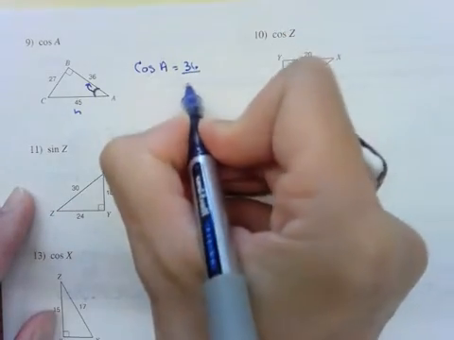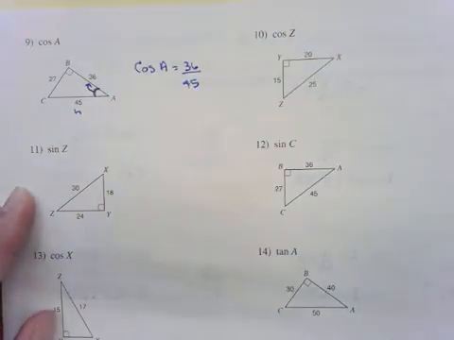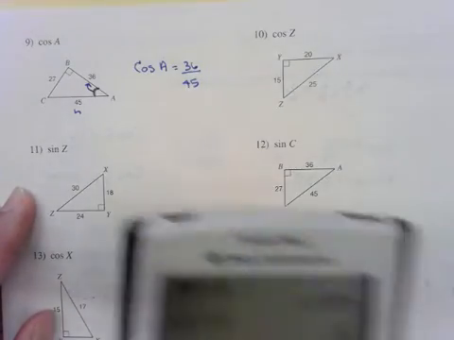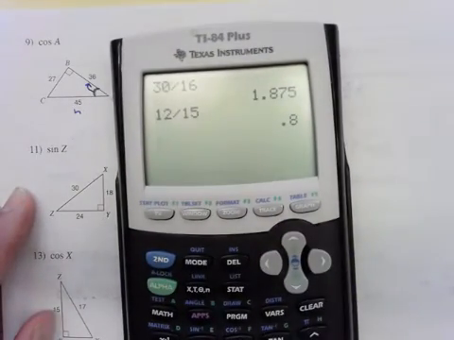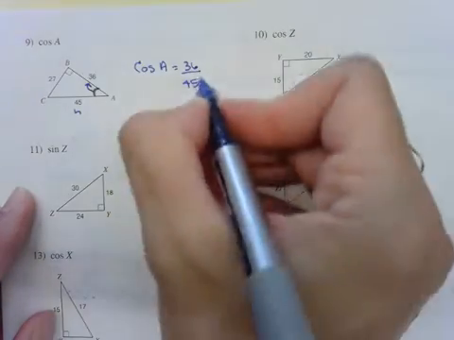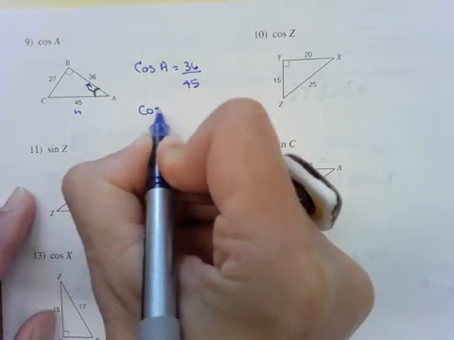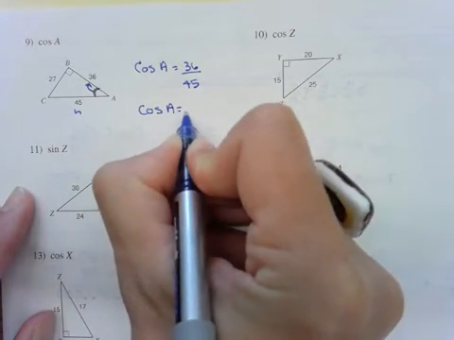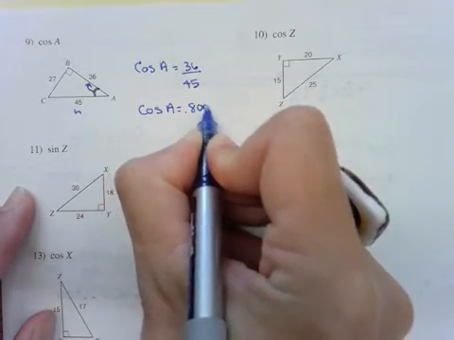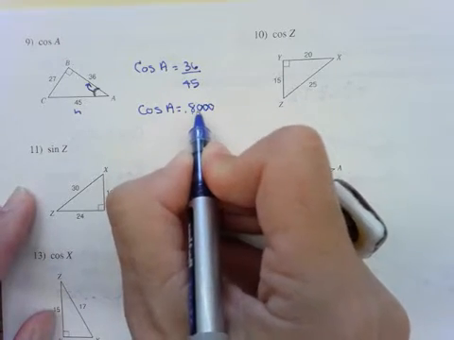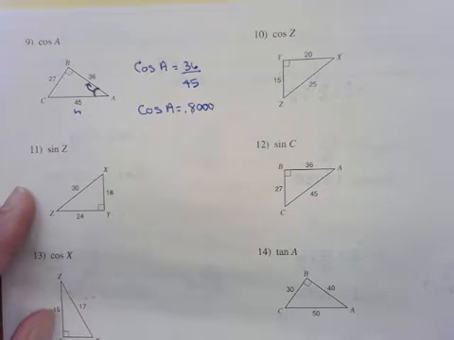So it's 36 over 45. And I can do that in my calculator. I could also do it in my head, but 36 over 45 is fast. It's 0.8. So the cosine of A equals 0.8000 because tenths, hundredths, thousandths, 10,000ths.